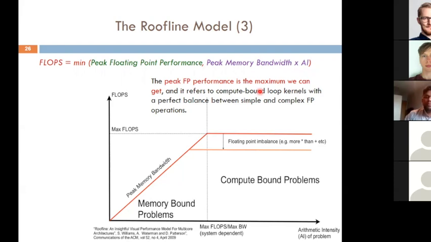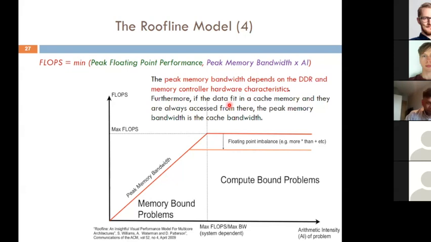The maximum performance we can get refers to compute bound loop kernels with a perfect balance between simple and complex operations. To get the memory bound code performance, you can see here that the peak memory bandwidth basically depends on the DDR memory and other memory controller hardware characteristics.